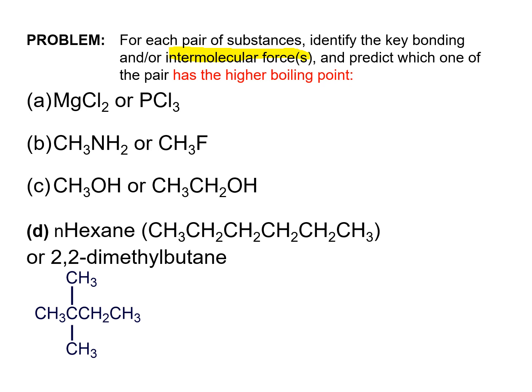We have magnesium chloride and phosphorus chloride. Now you want to look for what characteristic is different between the two compounds. So it's obviously not chlorine. Chlorine is in both. It's the other element. So magnesium is a metal, phosphorus is a non-metal. So the first compound is an ionic compound, the second one is a covalent compound.